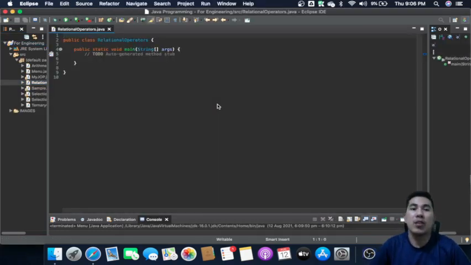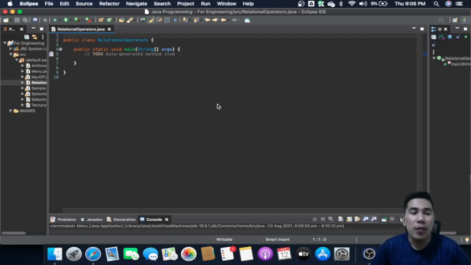Relational operators are used for creating an expression, and it's very important for you to understand this. Without understanding them, you are not able to understand decisions, or decision structures, or selection structures.